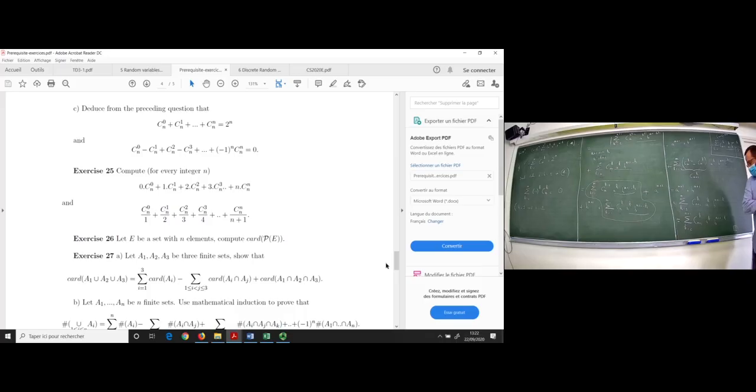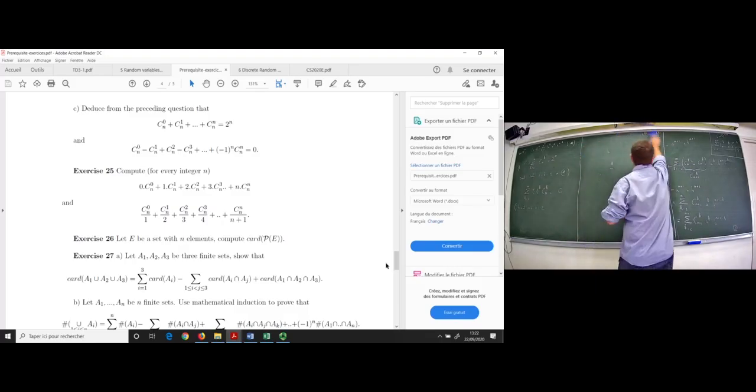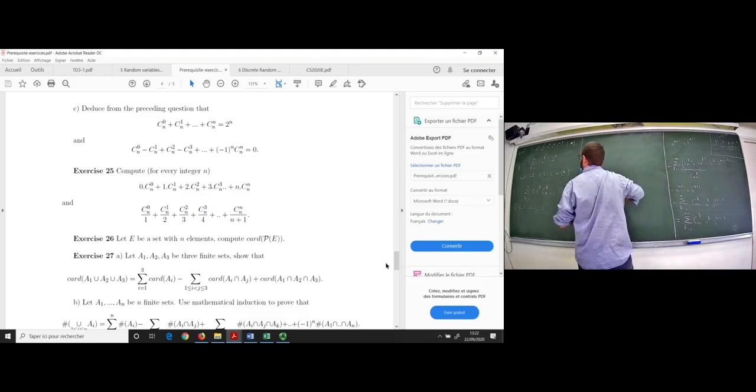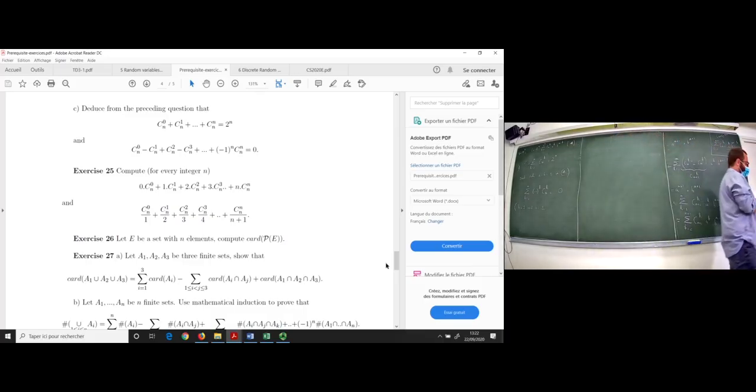I have this one. So here is something that is interesting in particular when we are going to compute later on expectations of discrete random variables.